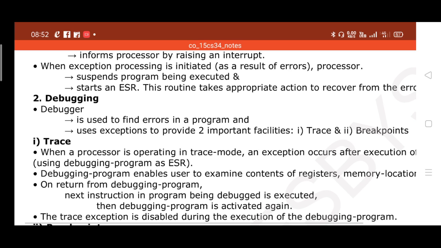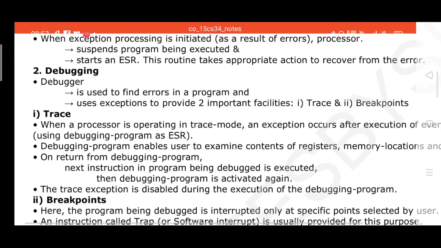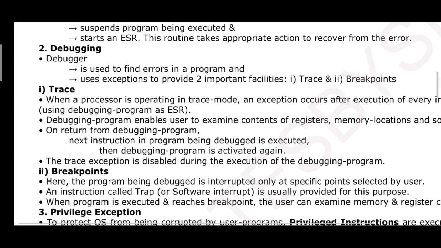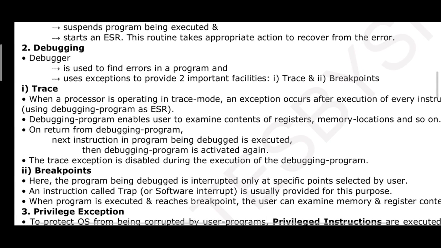Next is debugging. A debugger is used to find the errors in the program, and it uses exceptions to provide a trace file as well as breakpoints. Trace: when a processor is operating in trace mode, an exception occurs after execution of every instruction.